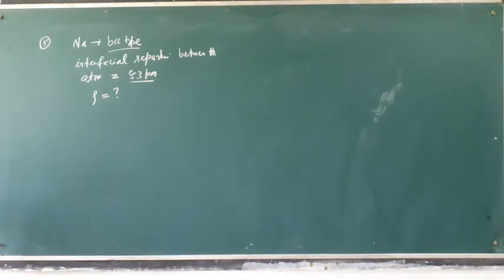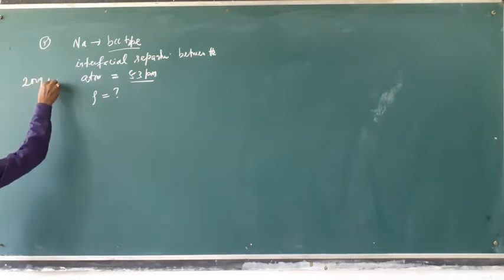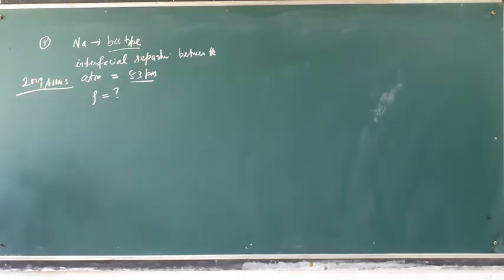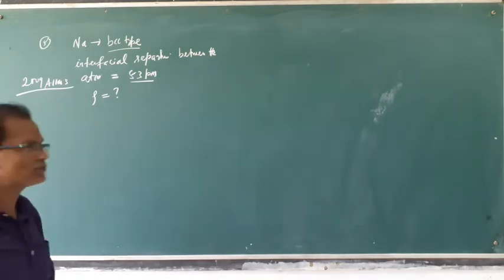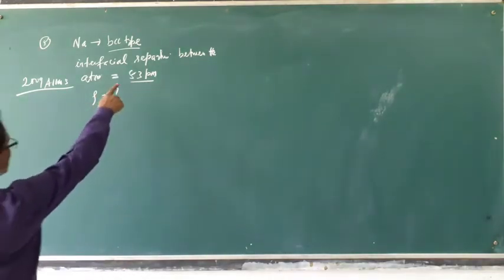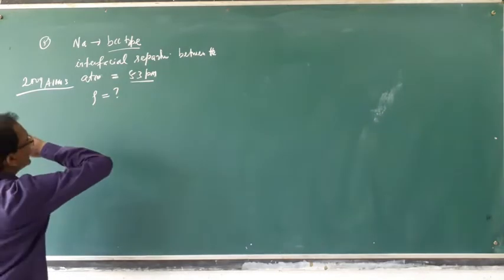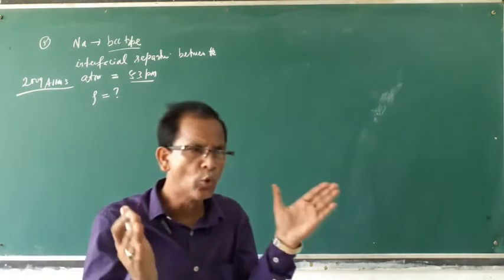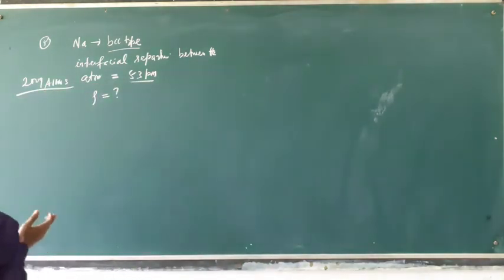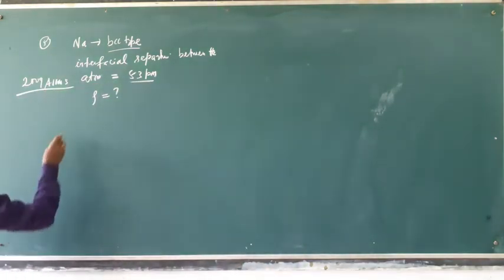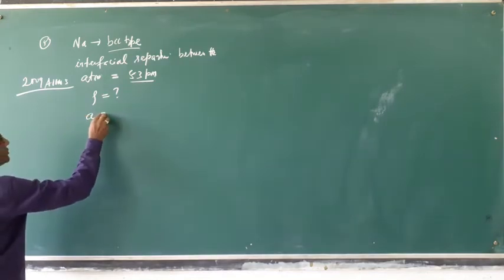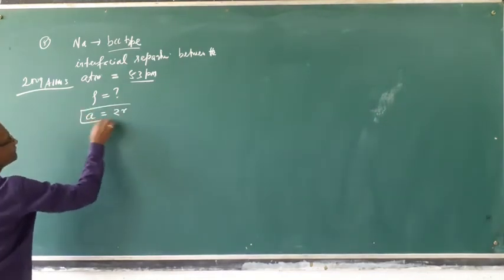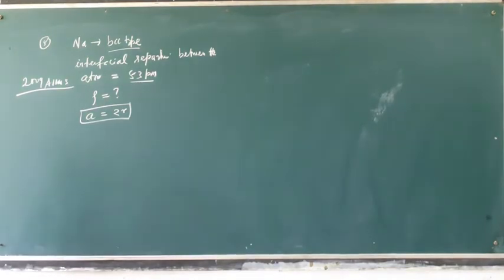This is also a 2009 EAMS question. Here interfacial separation means the distance between two spheres when they are closely placed, and that distance is always 2r.